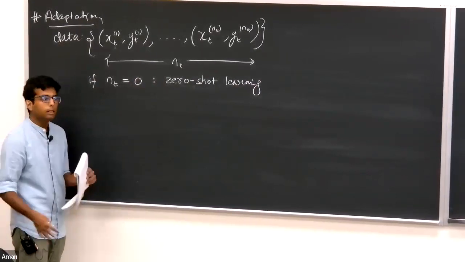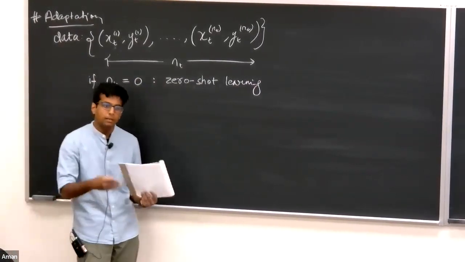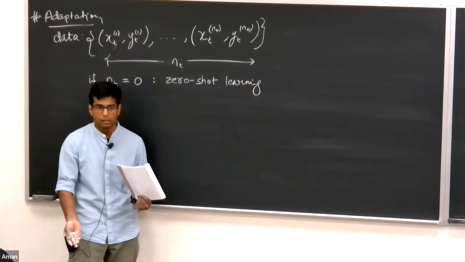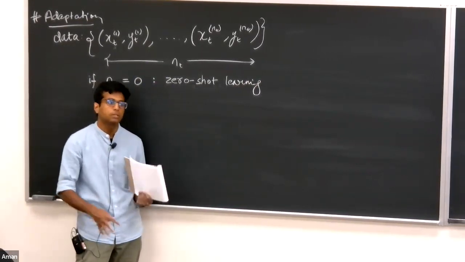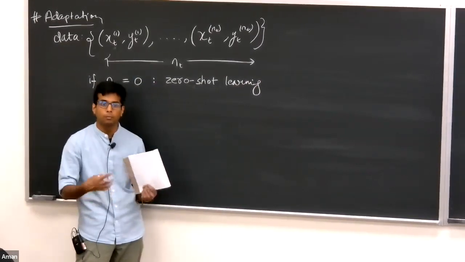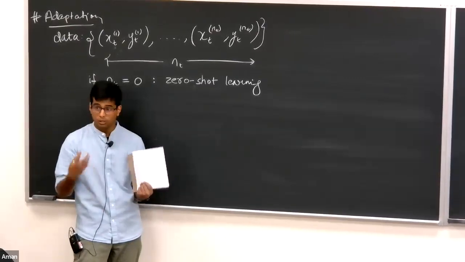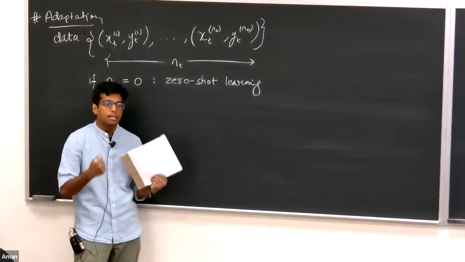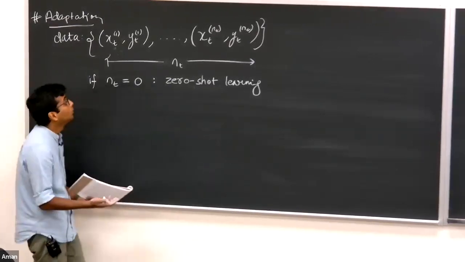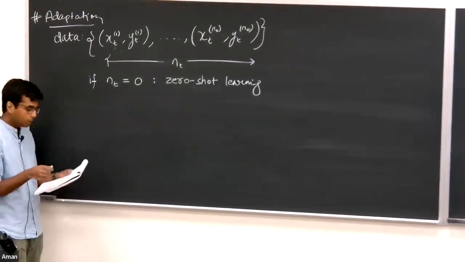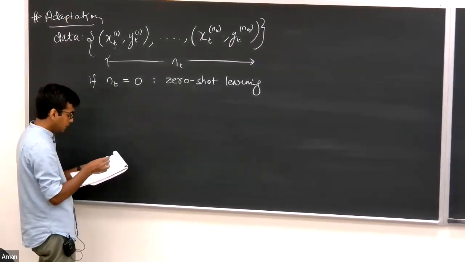So you really need no samples for that given task for the model to generalize to it. If you can train a model that is already general and able to perform a bunch of tasks zero shot without having seen any examples of that task, you call it a zero shot learning problem.